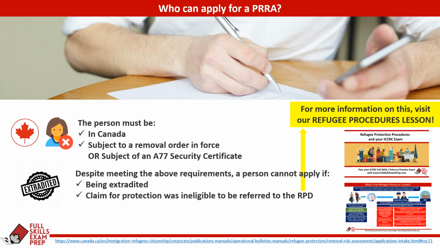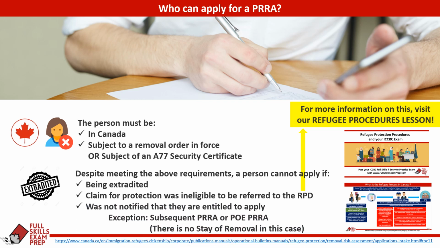So if a person was ineligible to be referred to the RPD, it could be someone who was a criminal or something like that. It could be a 1E, a 1F exclusion. Anyways, a person under that situation cannot file for a PRRA either. Okay, and when people receive their removal order or the decision that they are ineligible for protection, they would be notified that they're entitled to apply for a PRRA.